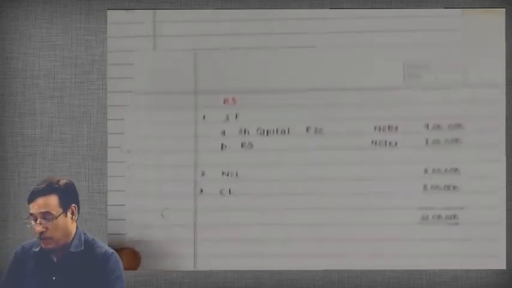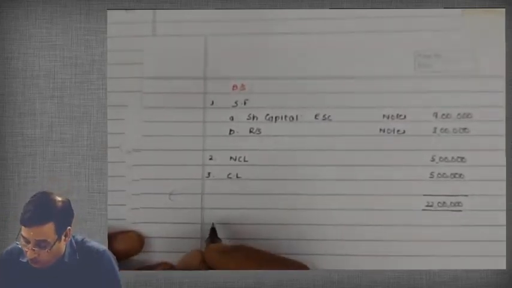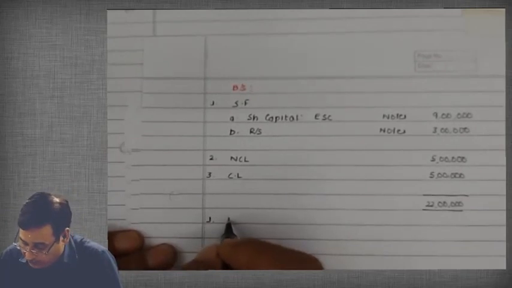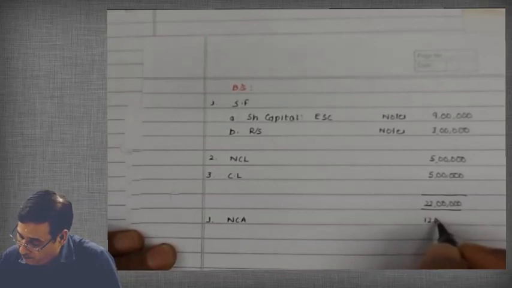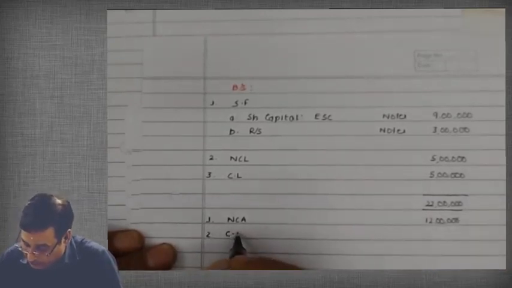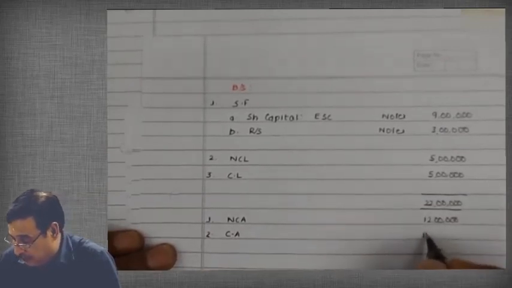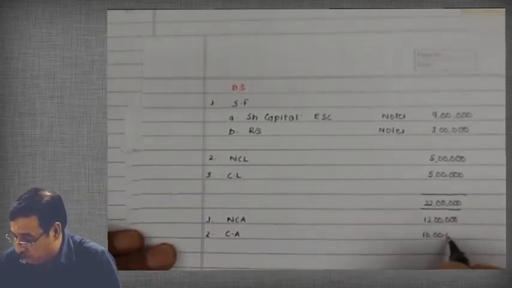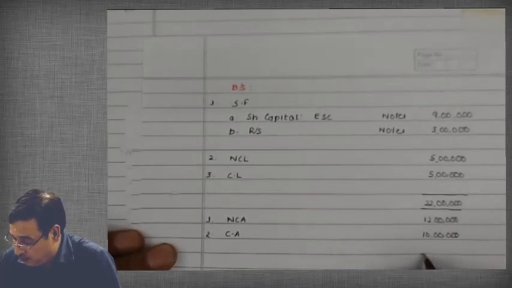Correct? Total is 22 lakh. And towards the asset side, non-current asset, 12 lakhs. And then current assets, that is 10 lakhs. Total is 22 lakh.